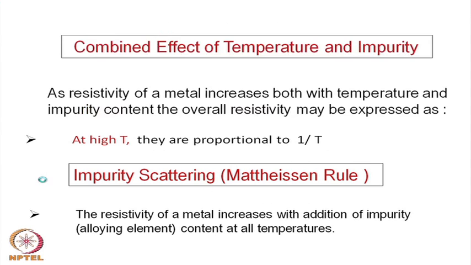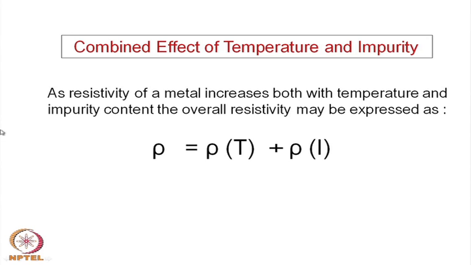So, the combined effect is in terms of resistivity now. Resistivity rho T is a function of temperature, and resistivity is also a function of impurity concentration. So, both of them are more or less independent of each other. The temperature has its own effect, the impurity has its own effect, and finally there is a combined effect of both of them.